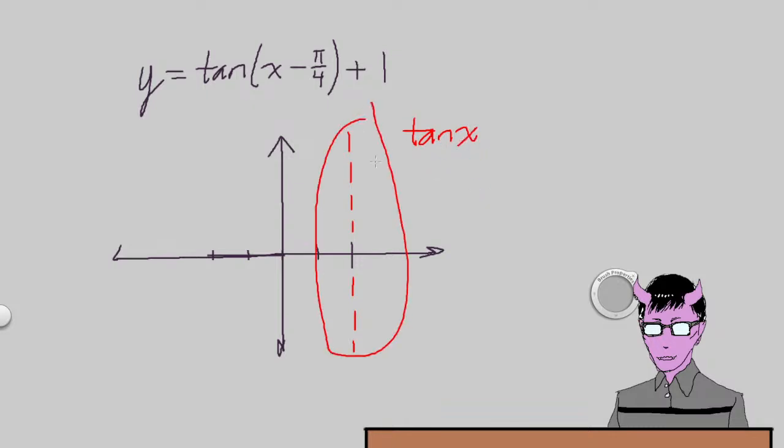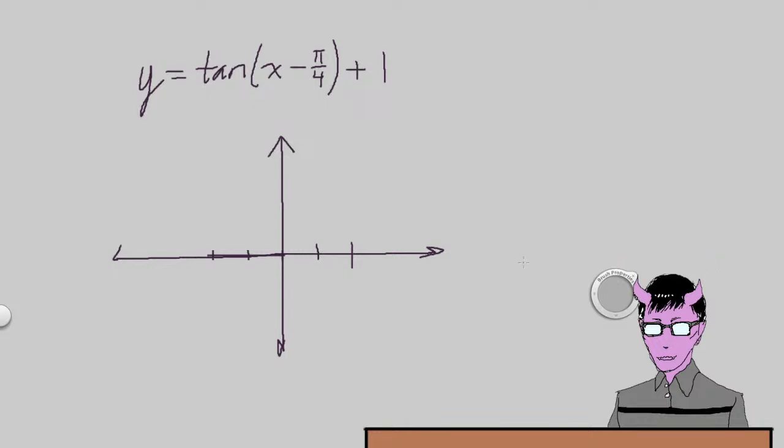So this is a consideration of the base tangent of x function only. This is where the vertical asymptote will be located. Let me put that on a different layer real quick, because we're going to have to shift everything over. So again, pi over 2 is the first vertical asymptote to the right. And then 2 hash marks over, this is going to be negative pi over 2. It will take us to the other vertical asymptote wall.